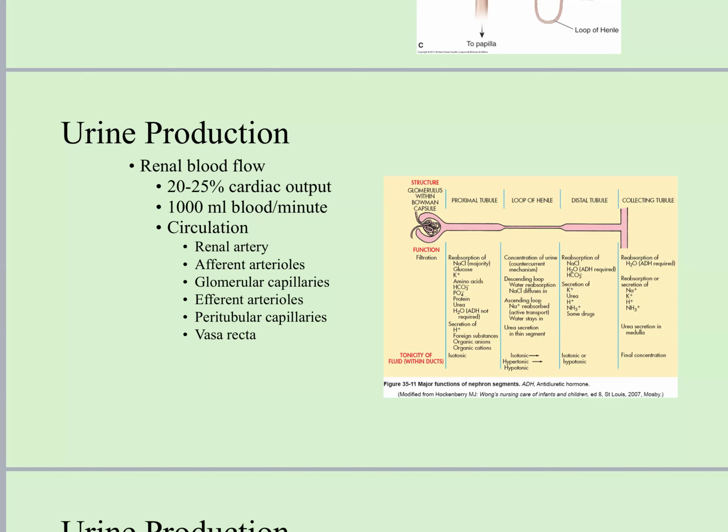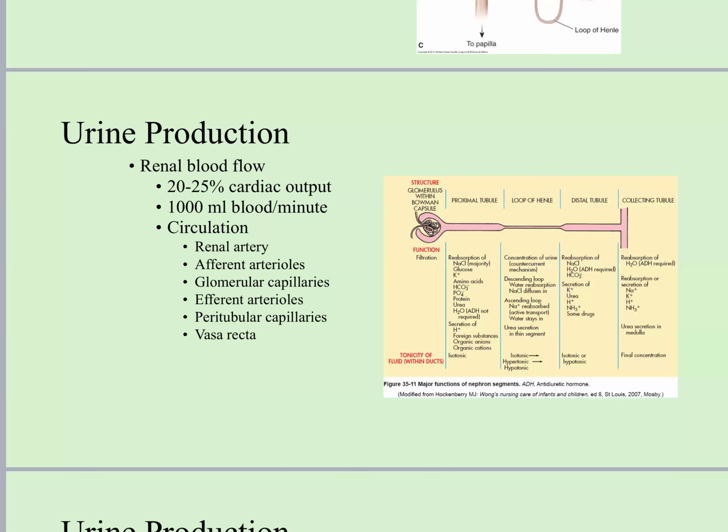Additional wastes, like excess potassium, for example, drugs, and ammonia, are secreted from the blood into the tubules. That is where they tinker with the acid-base balance and the electrolyte balance. That is the tubular secretion part.